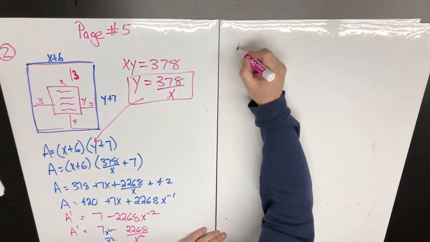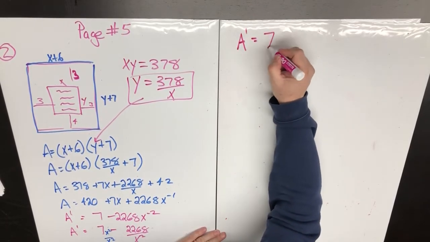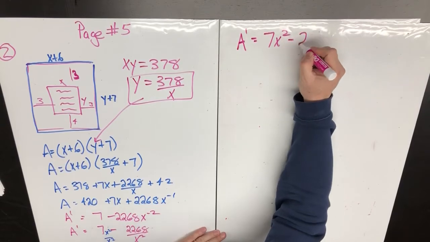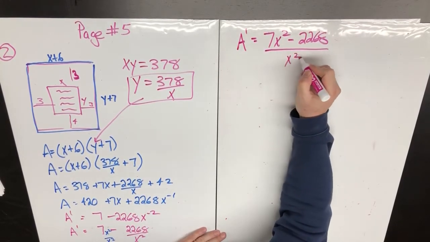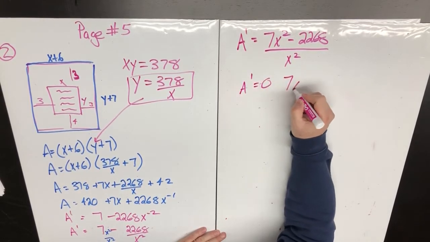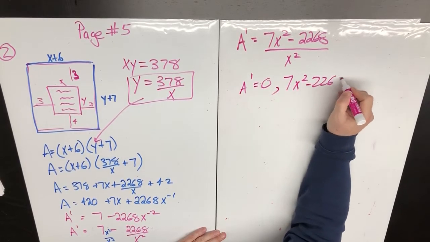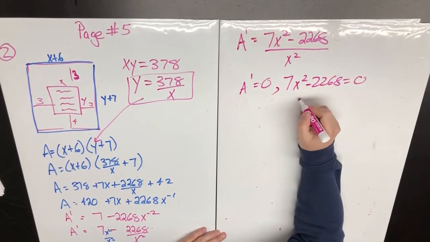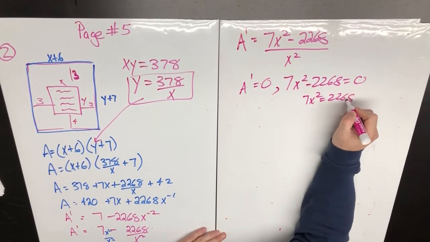So continuing it on up here, A prime equals (7x squared minus 2,268) divided by x squared. So A prime equals 0 when the numerator equals 0. So 7x squared equals 2,268.